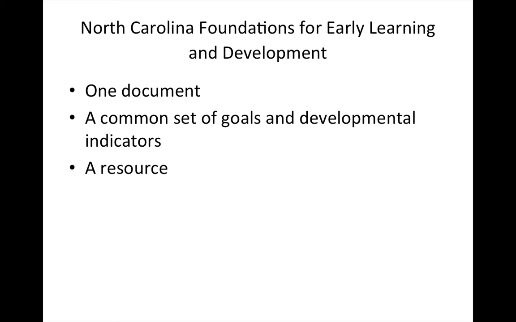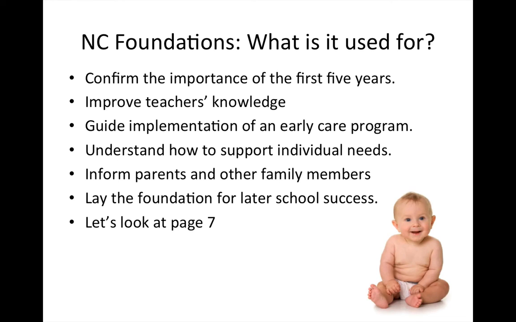It's also a resource for teachers, caregivers, families, program administrators, public school personnel, community agencies, partners, and policymakers. And it's aligned with the Common Core state standards and North Carolina's essential standards for kindergarten through 12th grade students.